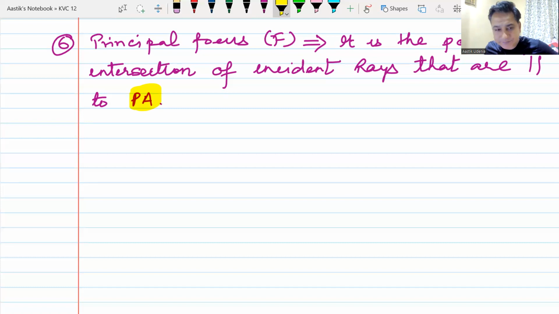Principal axis. For a concave mirror, it is a real point. For a convex mirror, it's a virtual point. Do we understand this? Remember, these small points are where the difference is. Now, is this definition valid for all types of mirrors?